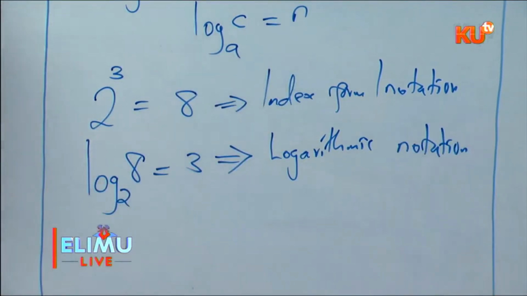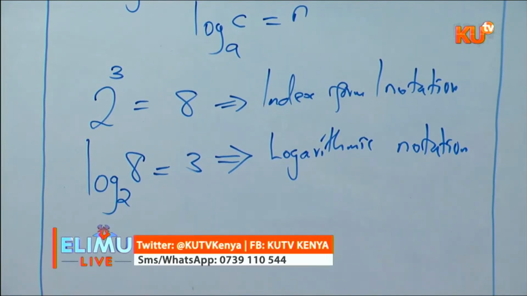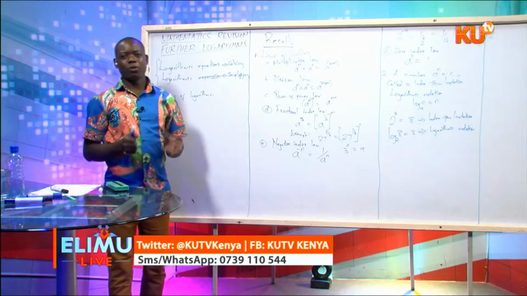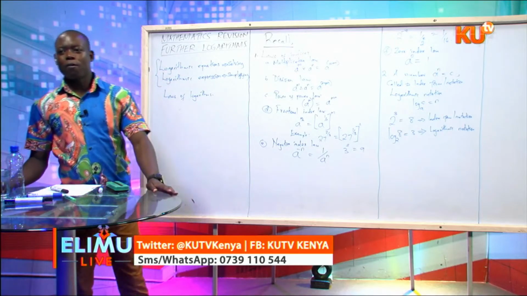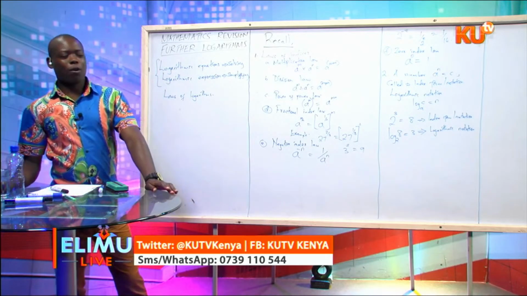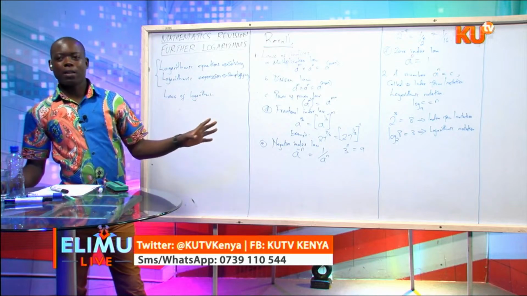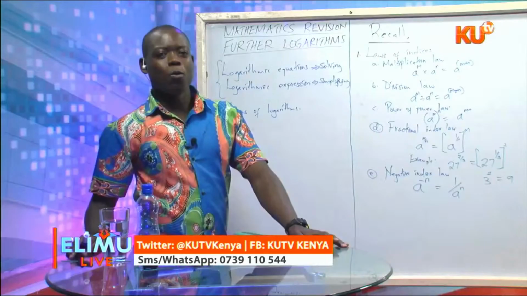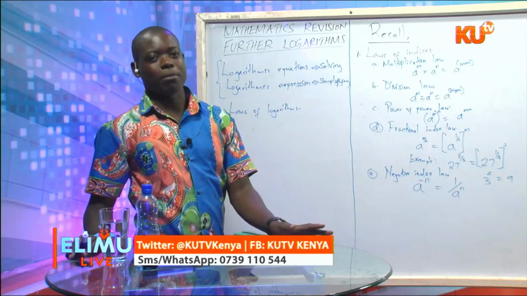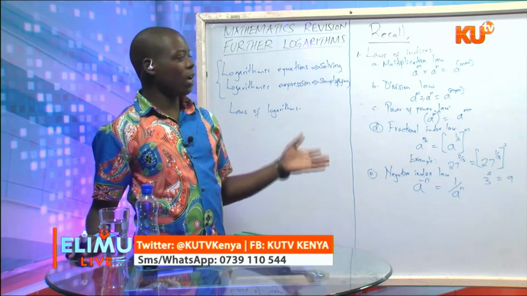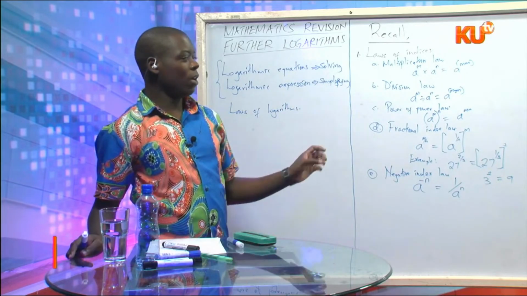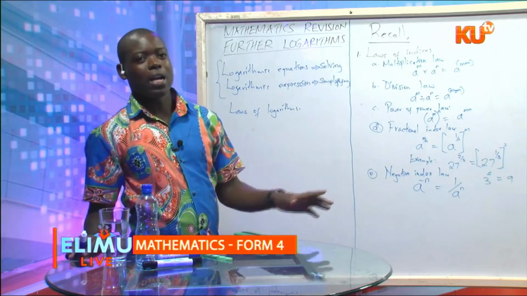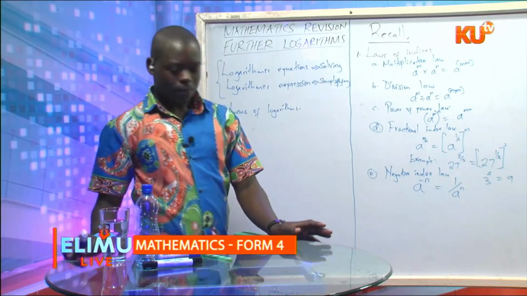Therefore, students, understand that we have two forms of writing numbers here: the index form, and the logarithmic form. In index form, we use the powers. In logarithmic form, we introduce the logarithms. And that is where logarithms now start, dealing with logarithms rather than the indices.